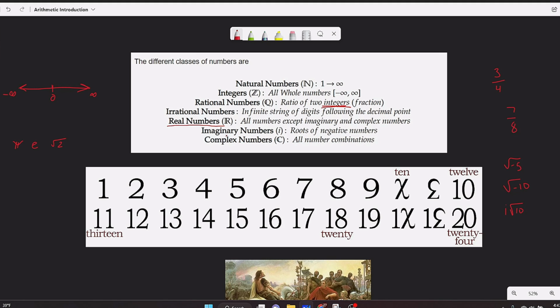Then complex numbers are actually all of these numbers. All of these numbers are considered complex numbers because it's either going to have some real number a plus some imaginary number bi. We could write that as a plus bi.